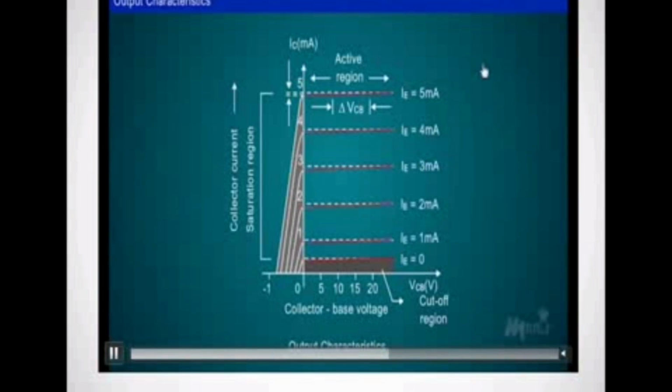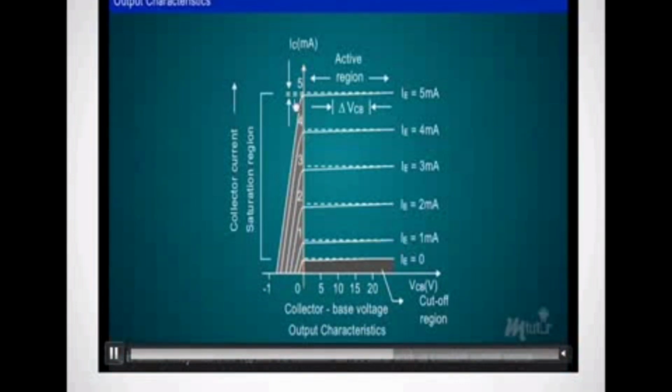So we'll get the graph like this. From that we can calculate the output resistance. We can take the slope here in the active region, and we can calculate the output resistance.